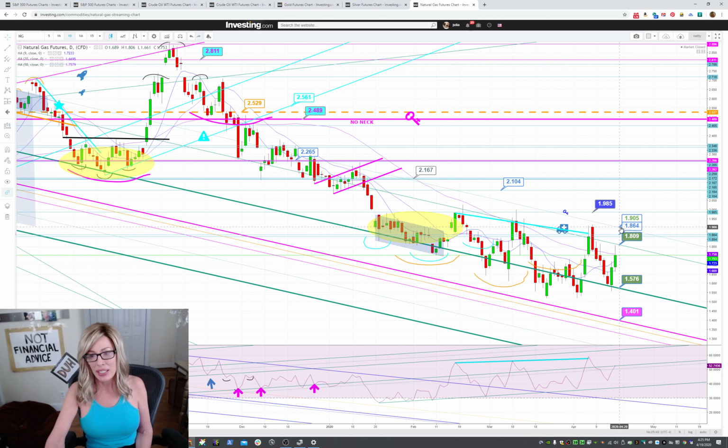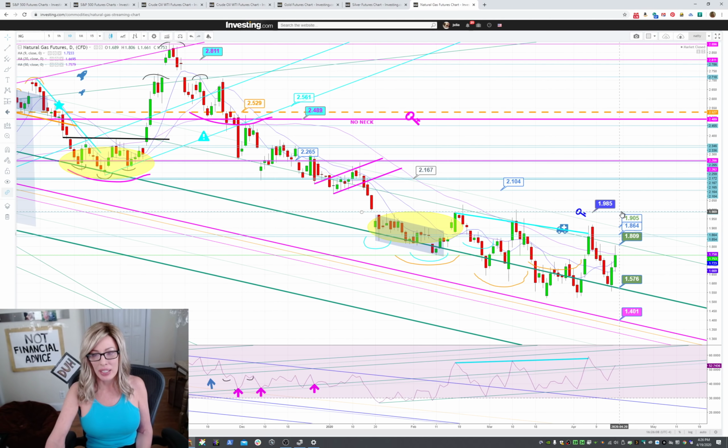And if it gets above this 1.9, there's probably a very nice scalp up to the mini key line, which I talk about. I'm going to make the mini key a little bigger now because it's important. Still mini, but a little bit bigger. So if it gets above 1.9, I'll look for it to go to 1.985.